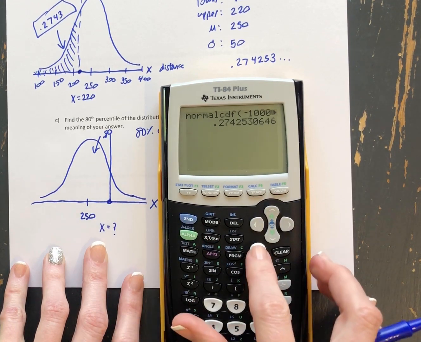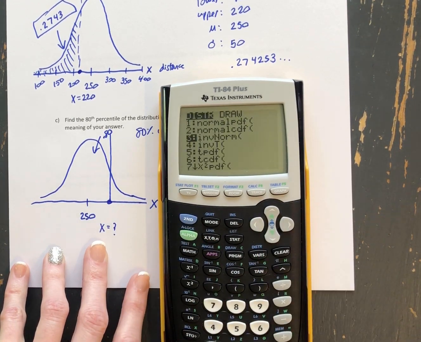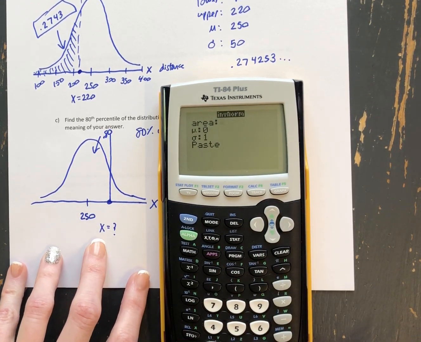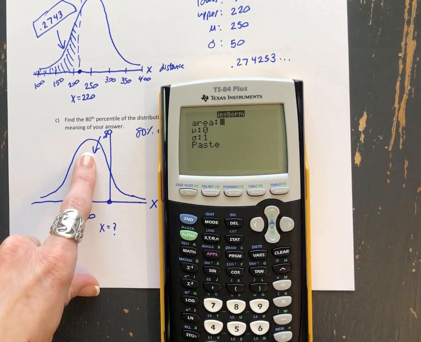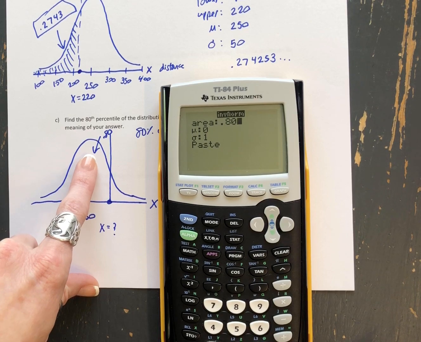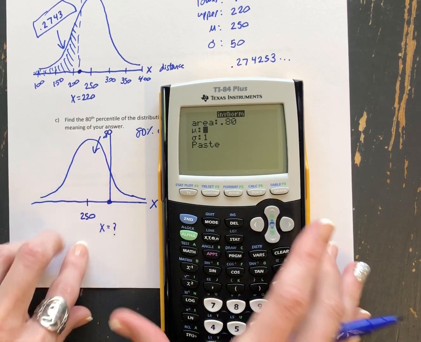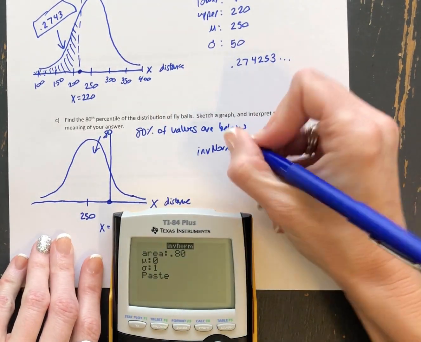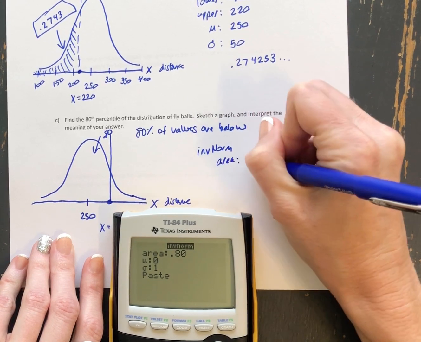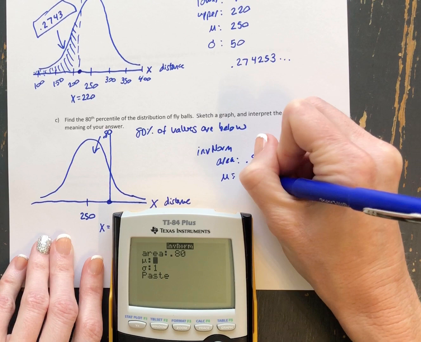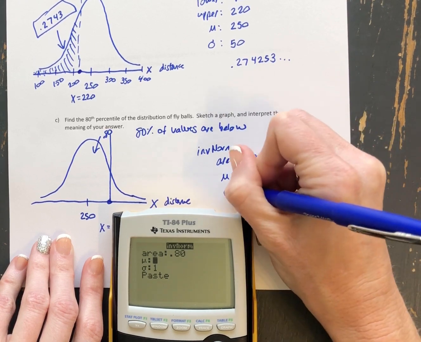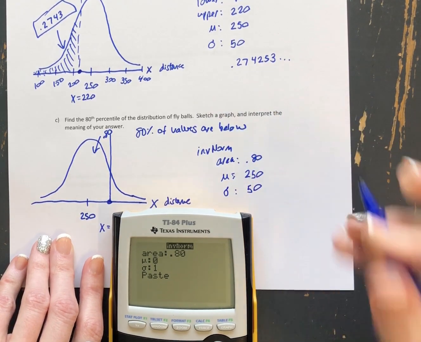So second distribution, we're choosing inverse norm. The area, remember, should always be area to the left. In our case, that's what we have. So the area to the left was 0.8. Our mean was 250. Our standard deviation was 50.